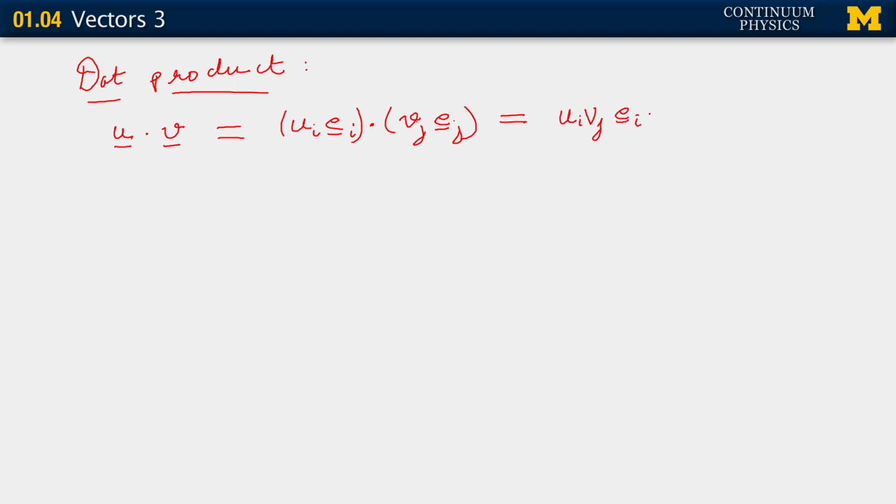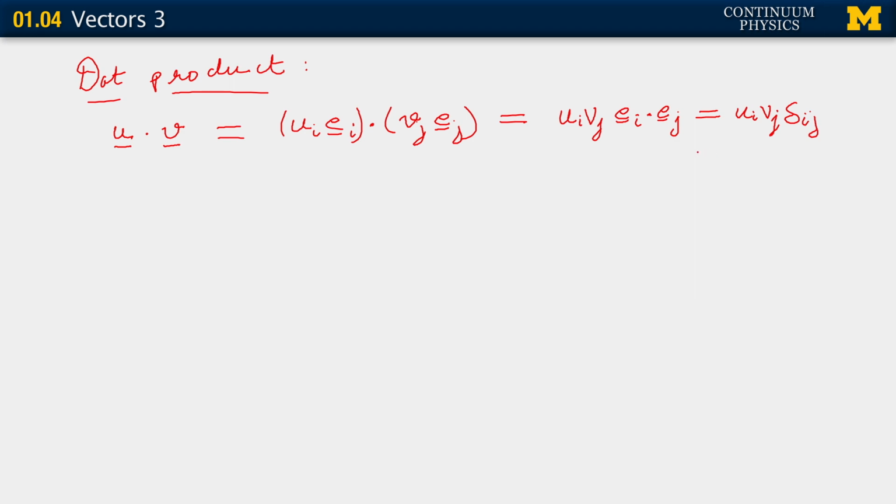ei dotted with ej. But ei dotted with ej is the Kronecker delta. We have ui vj delta ij. The Kronecker delta then does its job, which is to enforce the requirement that those indices have to be the same, otherwise the Kronecker delta reduces to 0.